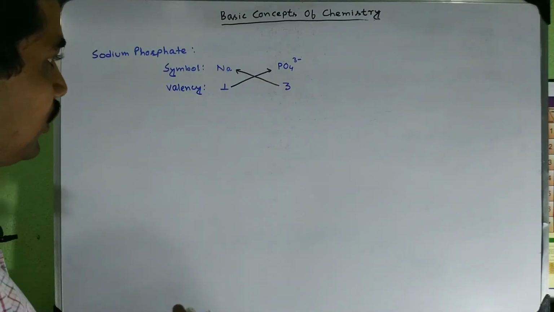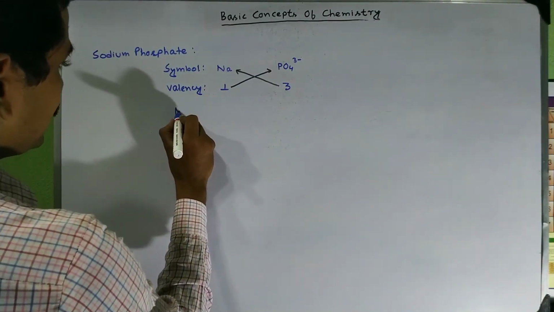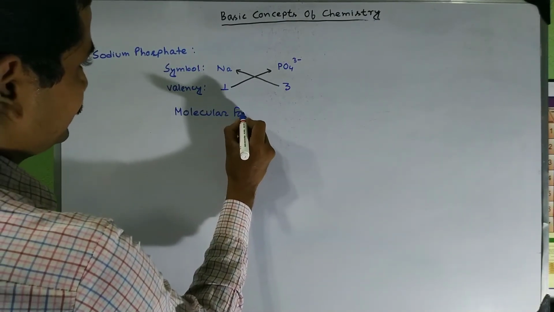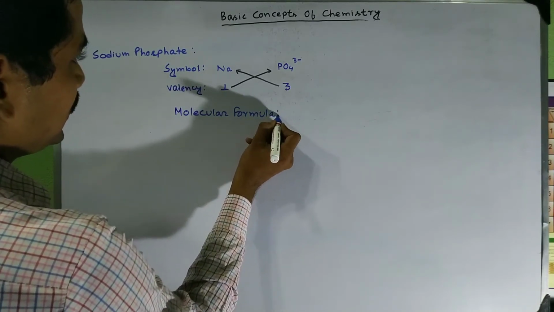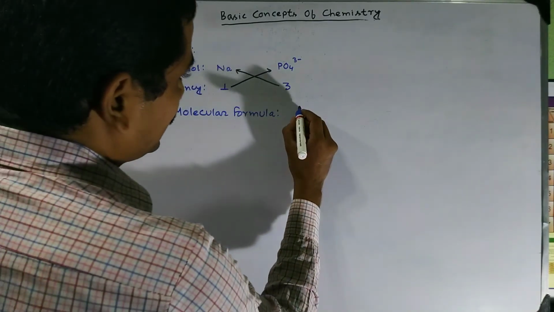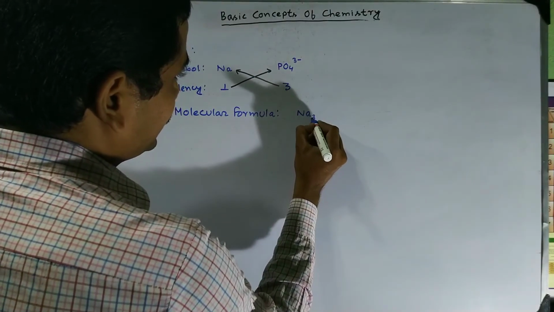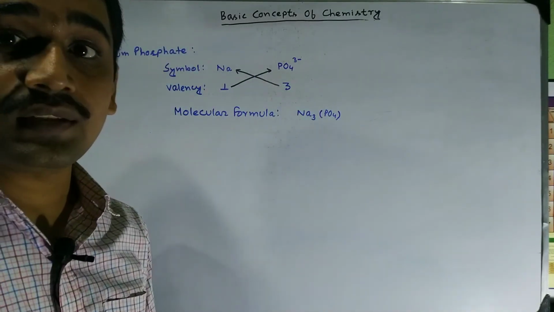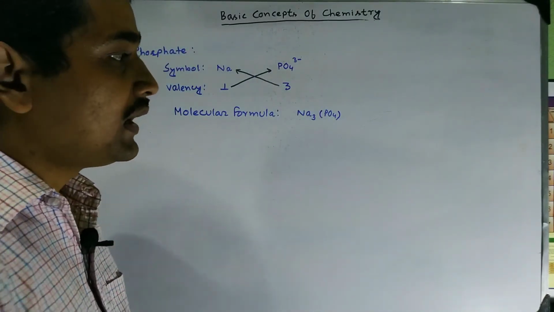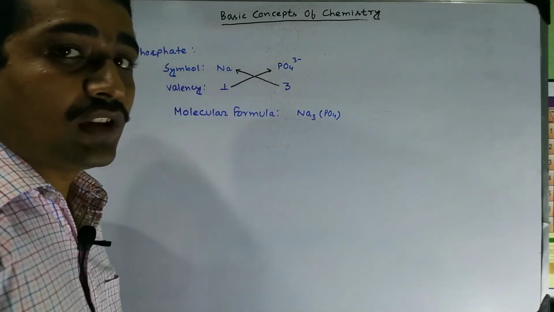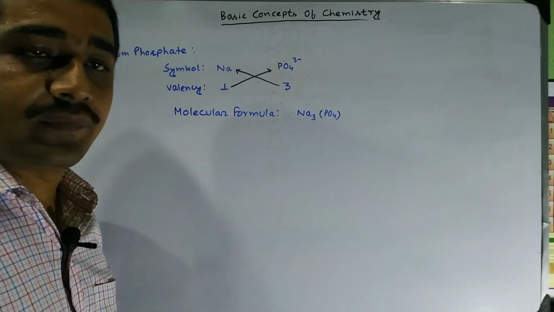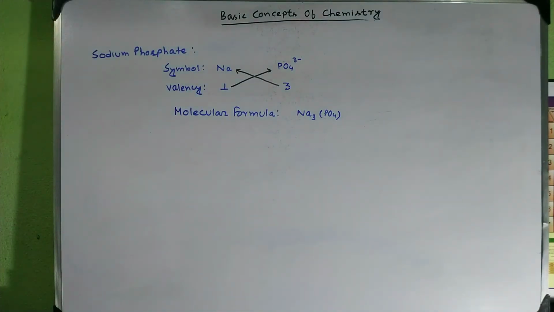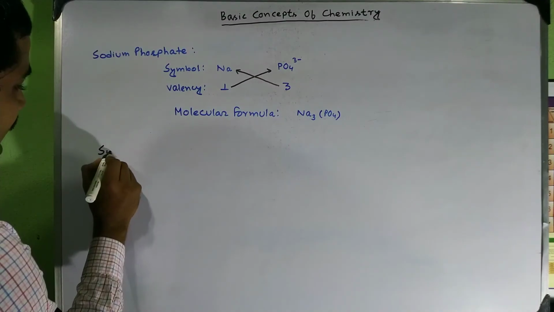The molecular formula is Na3PO4. As PO4 is a radical, I represent PO4 in brackets. Clear? What is the molecular formula of sodium phosphate? It is Na3PO4.